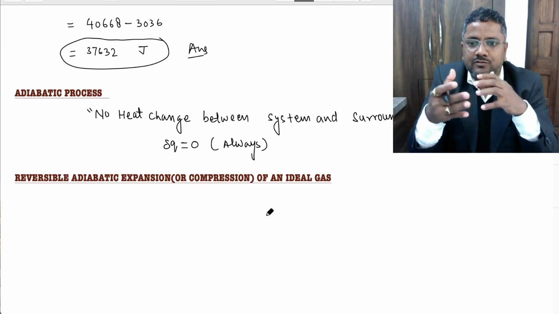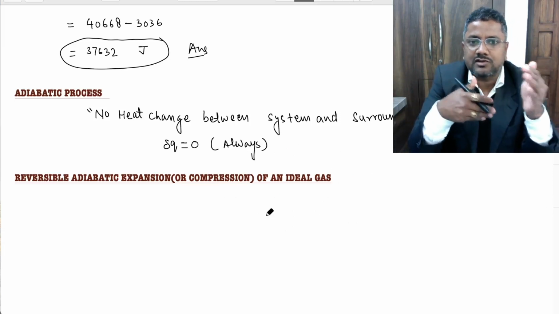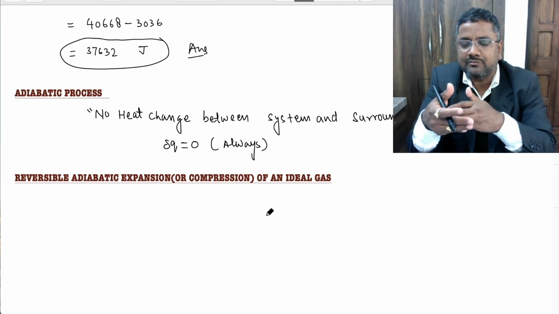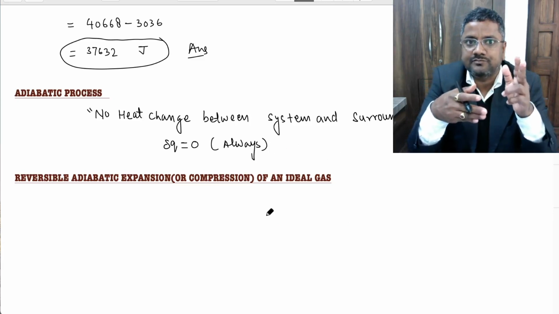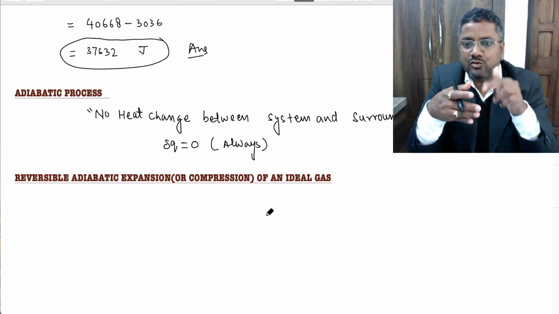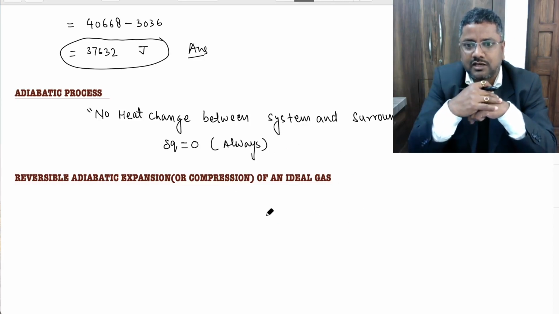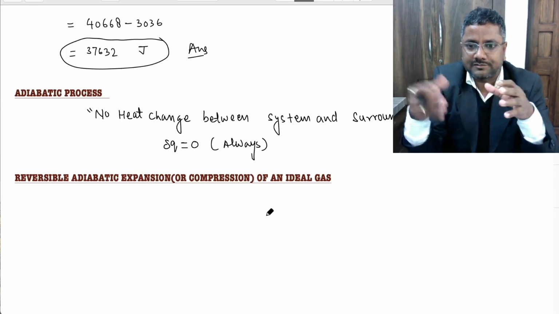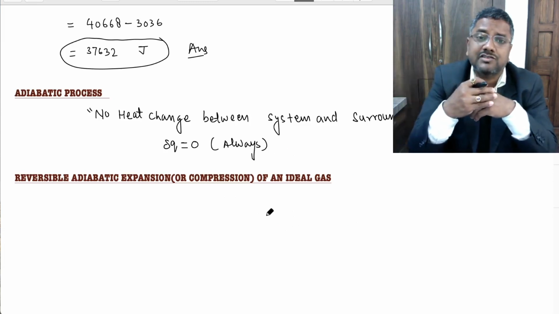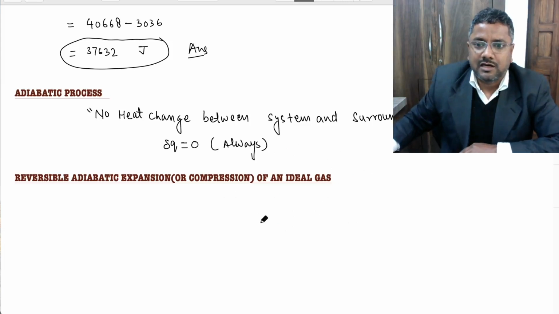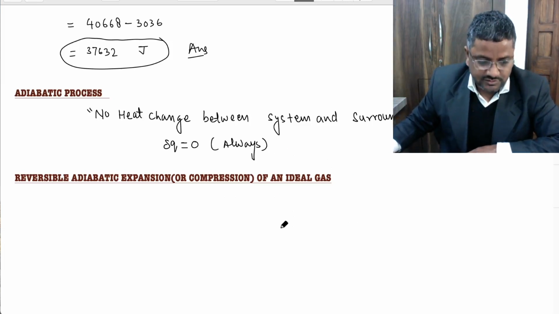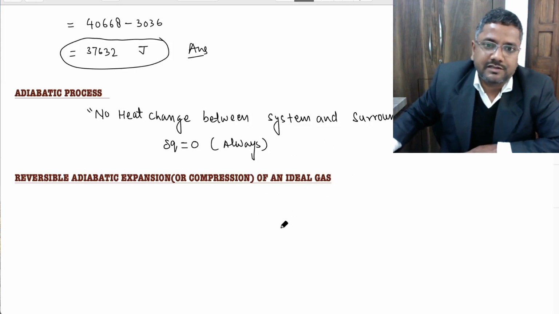So if you compare the isothermal process with the adiabatic process, the rate of change of pressure is more in the case of the adiabatic process compared to the isothermal process, and that will reflect in terms of equation. In terms of equation we can calculate this, right?